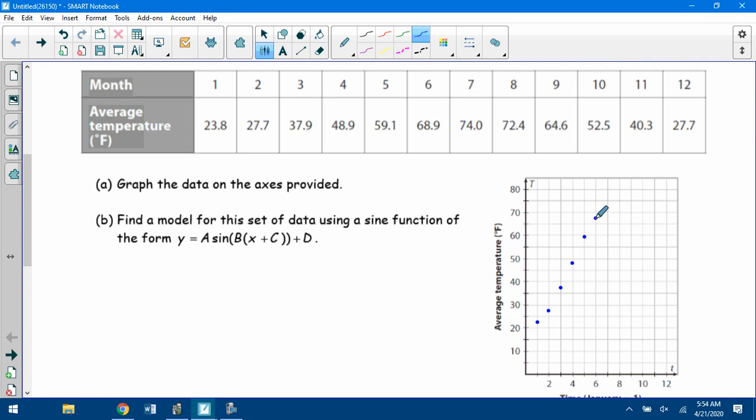Probably right about there. 7 is 74. Wish it was 74 degrees today. 8 is 72.4, so July is the hottest month, it looks like. 9 is 64.6. 10 is 52.5. 11 is 40.3. And 12 is 27.7.